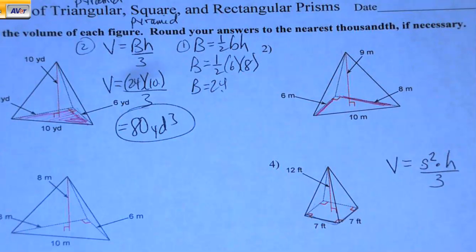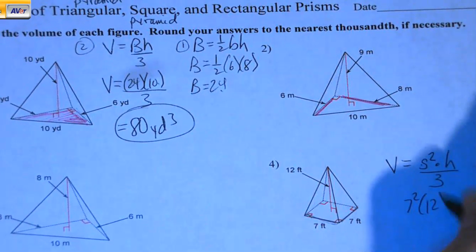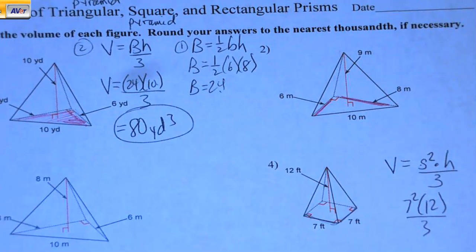Because again, anytime it's something triangular, a cone, a prism like this that's triangular or has a pyramid to it, is going to get that divide by 3 portion. So let's see here, side squared times h divided by 3.